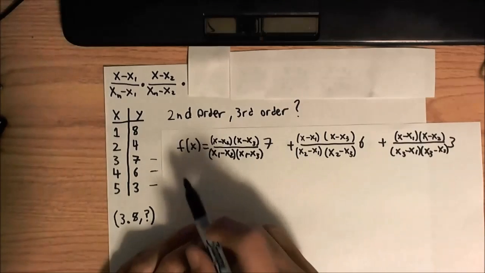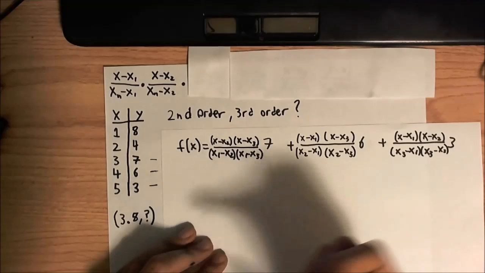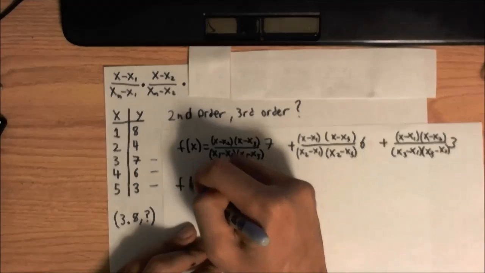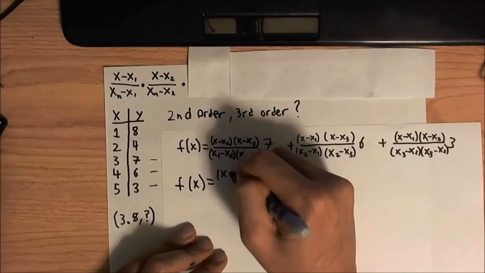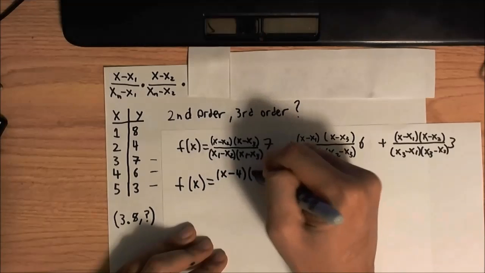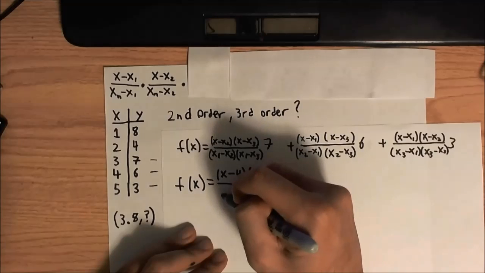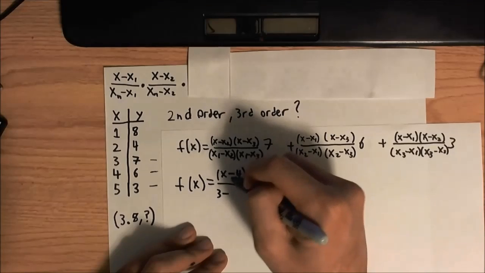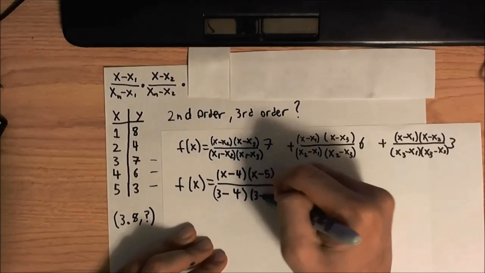Plugging in each of our values for x sub 1, 2, and 3, we get a final Lagrange interpolating polynomial equal to (x minus 4) times (x minus 5) over (3 minus 4) times (3 minus 5).